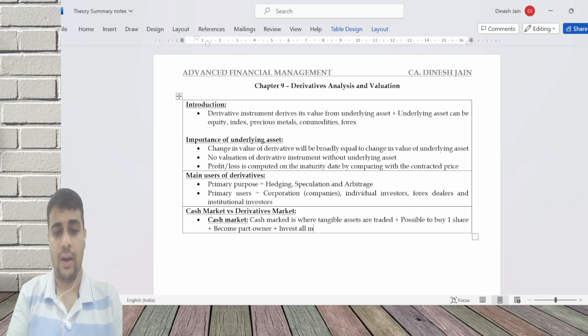Invest all money upfront, meant for consumption/investment.